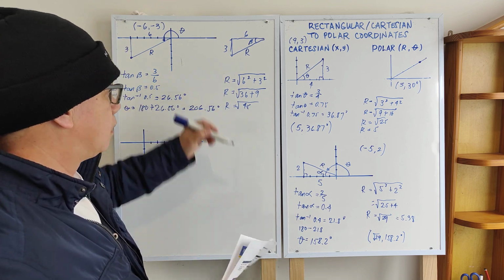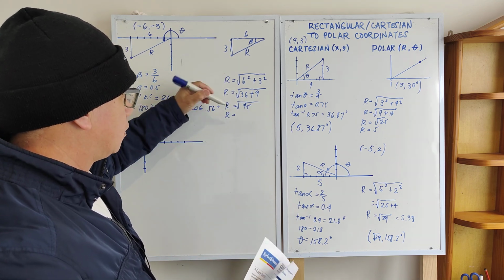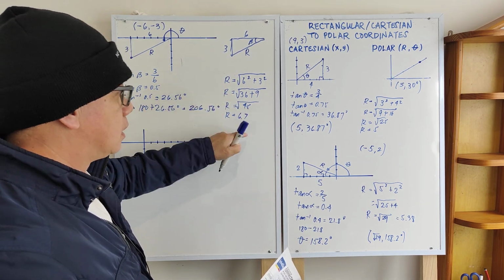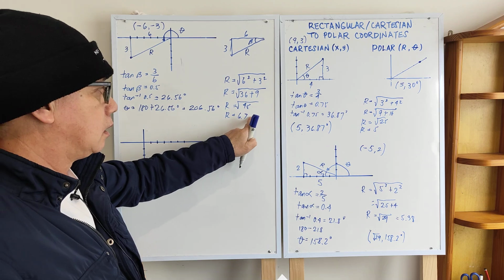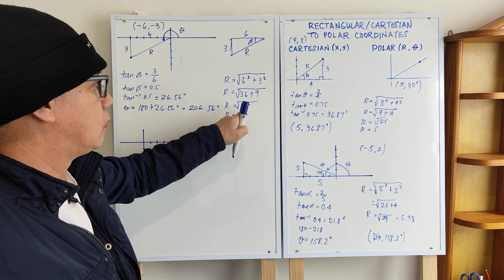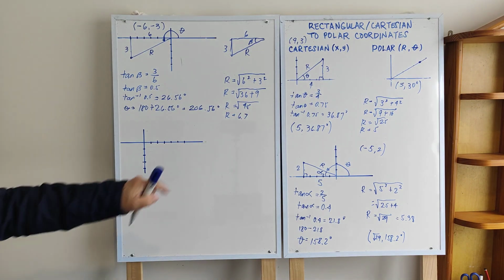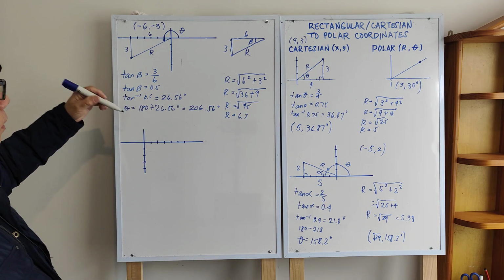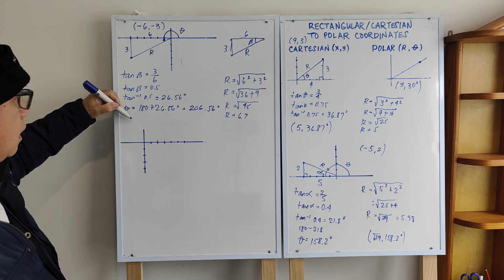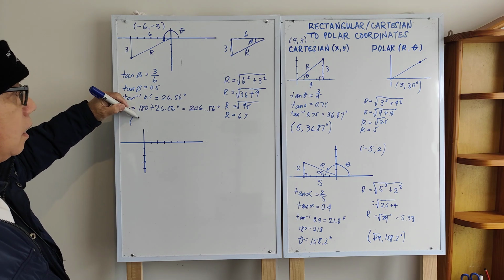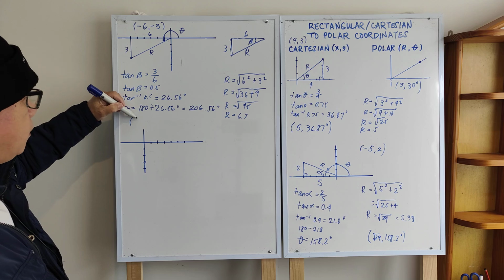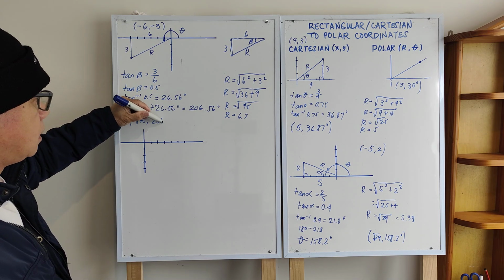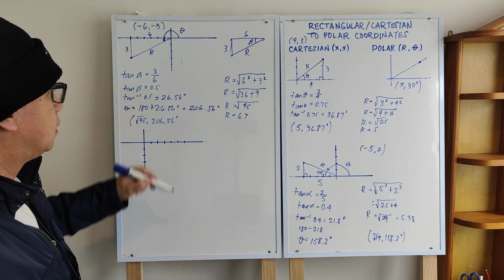You can leave it as the square root of 45, or you can get 6.7, but this 6.7 is approximate, as there are more digits, so the radical is a better answer. So now your polar coordinate would be square root of 45 and 206.56 degrees.